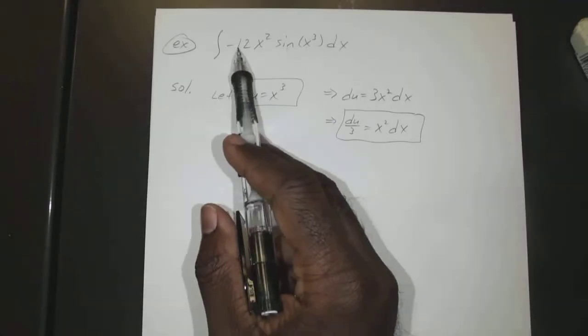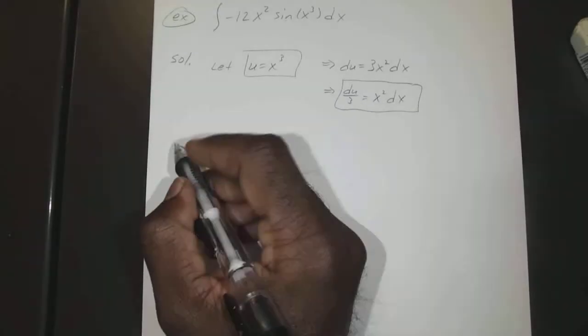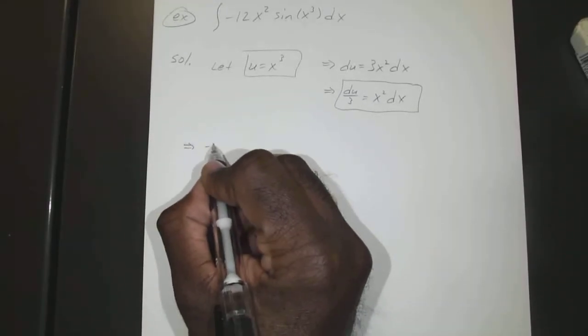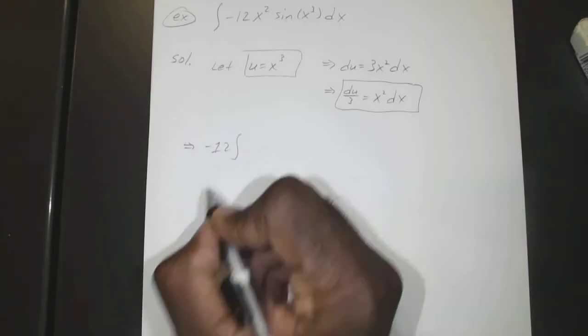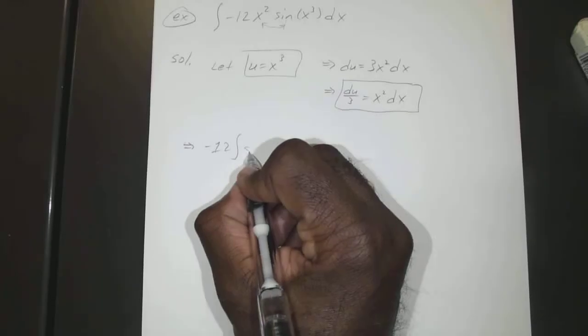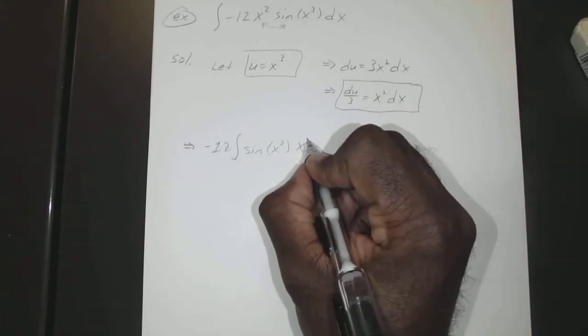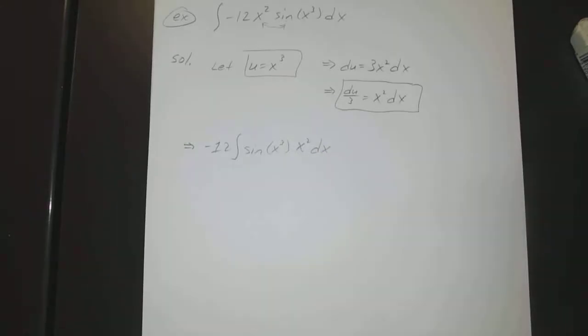Okay. So now we get that negative 12, and we go ahead and factor that out to the front. So you have negative 12 times the integral, and just switch around those two. Sine of x to the third, x squared with respect to x.